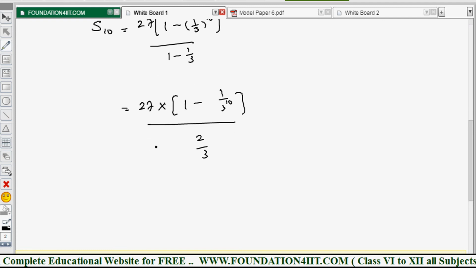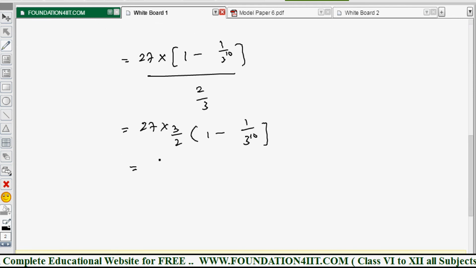Again simplify: 27 into 2 by 3, take the reciprocal, 3 by 2, into 1 minus 1 by 3 to the power 10. That's it. You can simplify more: 27 by 3 is 81, so 81 by 2 into 1 minus 1 by 3 to the power 10. Don't multiply 3 ten times, it takes a long time. So this is enough. This is the solution.